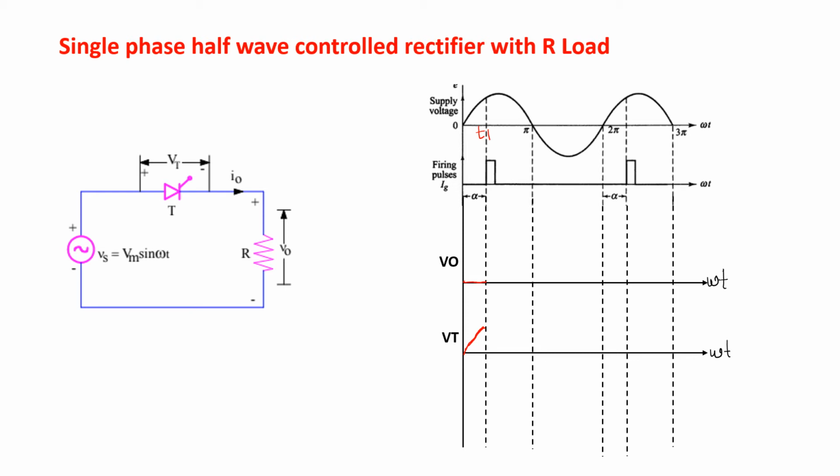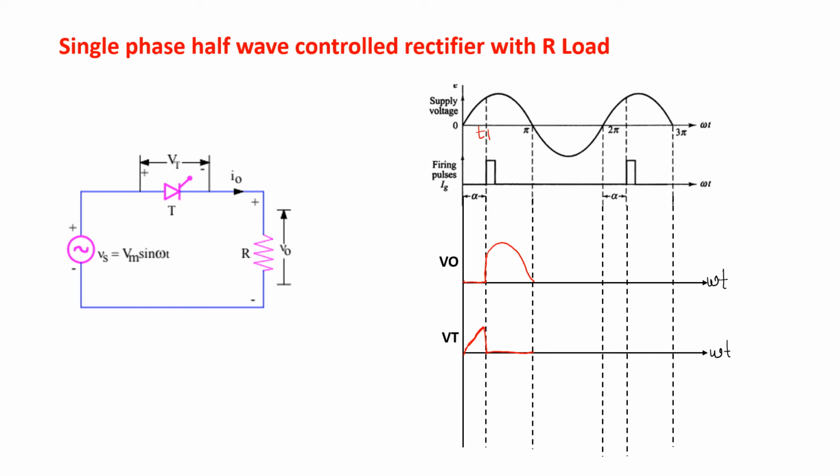I will draw here the voltage across the load. This is the output voltage. The SCR is now in the on state, so it offers very low resistance and the voltage across the SCR is approximately equal to 0.